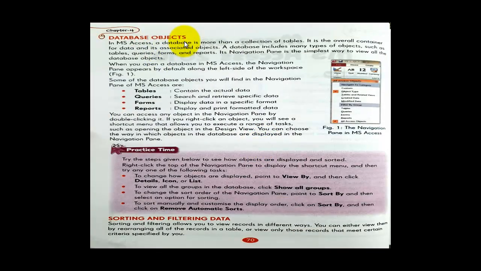Now let's see database objects. What are database objects in MS Access? Let's see some of the database objects we can find on the navigation pane. In MS Access, a database is more than a collection of tables.